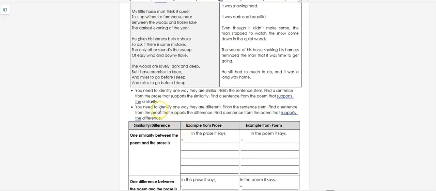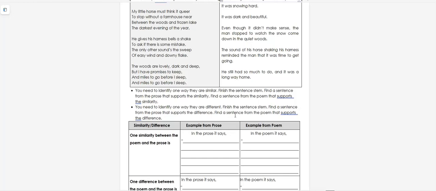Then you need to identify one way they are different, finish the sentence stem, find a sentence from the prose that supports the difference, and find a sentence from the poem that supports the difference. This is a big thing. This is an introduction to text evidence, and text evidence is something they are going to be required to include in almost all of their writing, all the way up until high school.